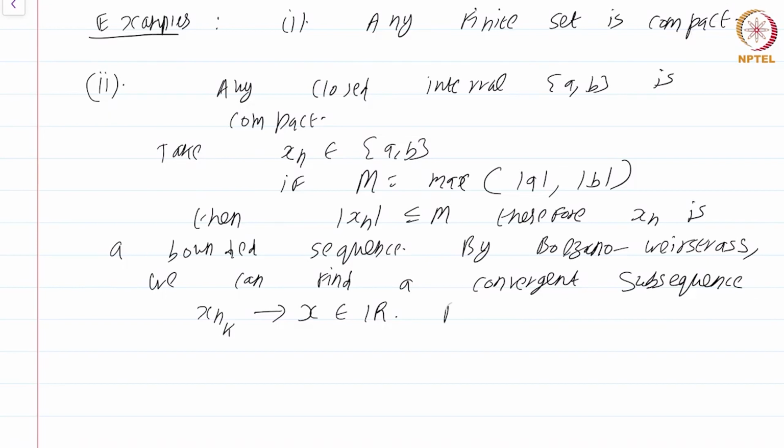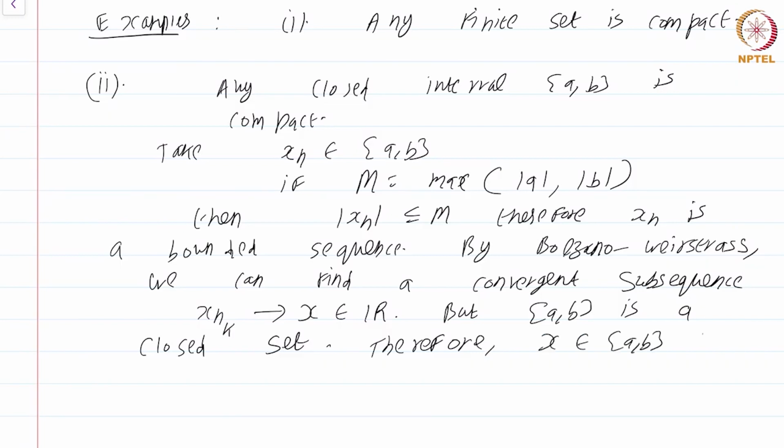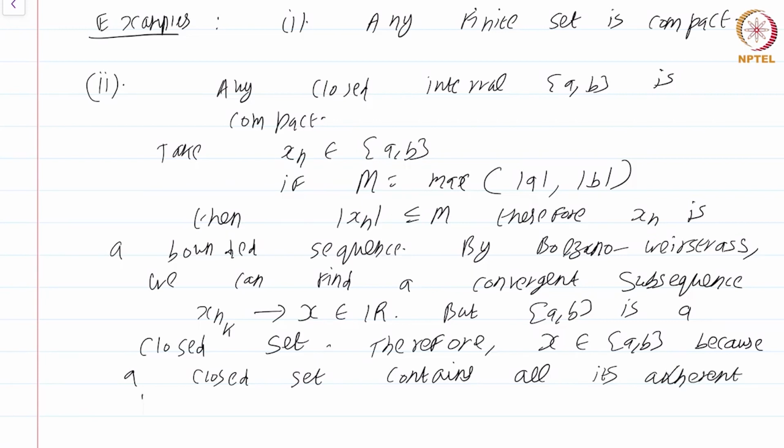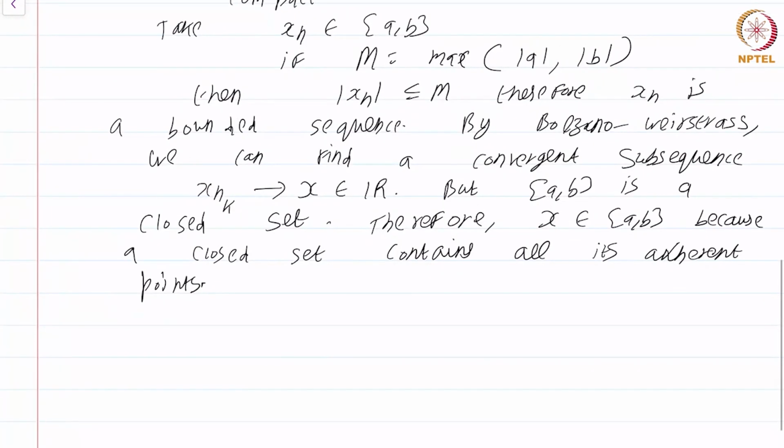But wait a minute, [a, b] is a closed set. Therefore, x must belong to [a, b] because a closed set contains all its adherent points. That's the definition of a closed set. Hence we are done.